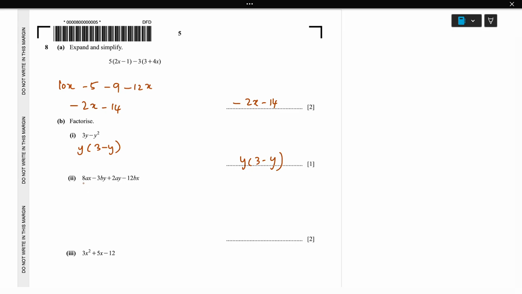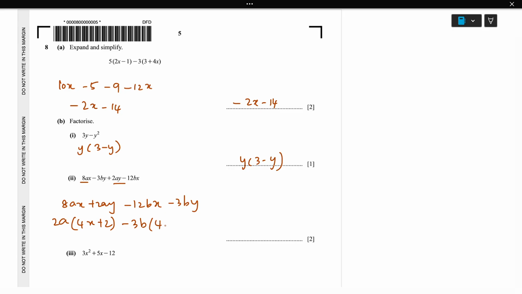Okay, next one again is factorize. So here this is the a term, a term, so we'll write it together: 8ax plus 2ay. Next, the b terms. I'll write first minus 12bx minus 3by. So from here, the first, 2a is common. What is left? 4x plus y. Here also, what is common? Minus 3b is common.